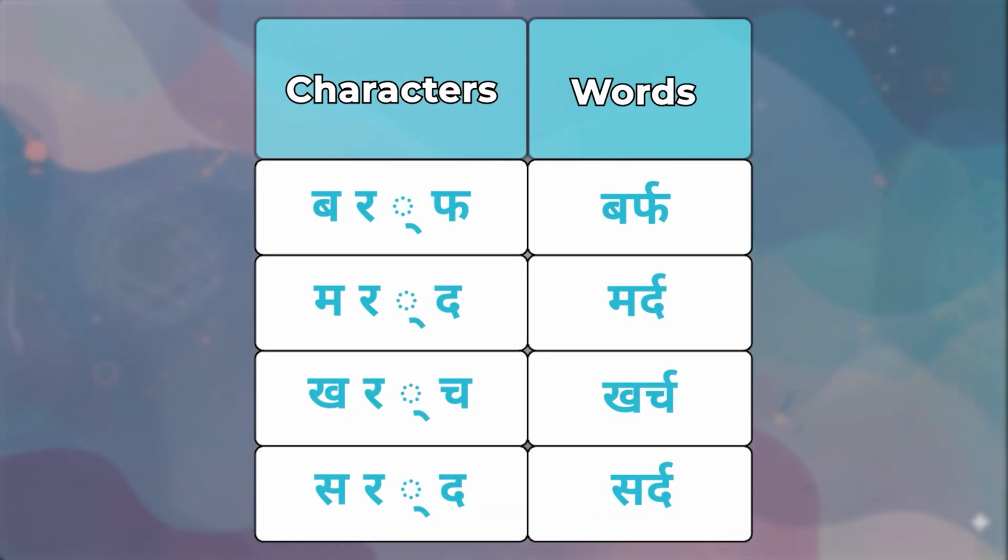Some examples of Ref and how it appears are as follows. As you can see in the table here, the Ref appears on top of the consonant before which the Ra sound is spoken. Please note, whenever Ref comes above a consonant, Ra is spoken before the letter on top of which it appears.